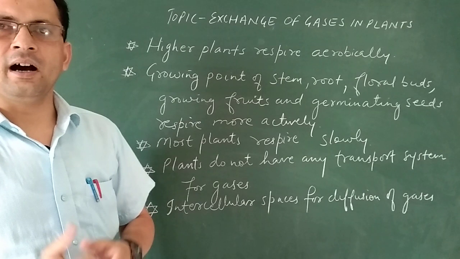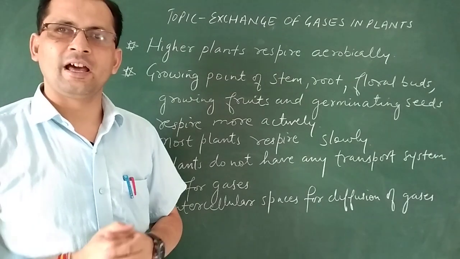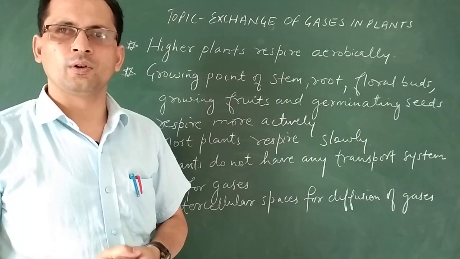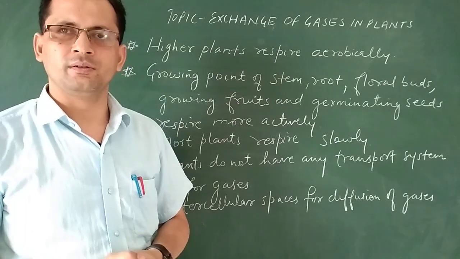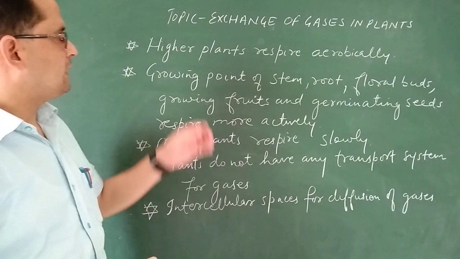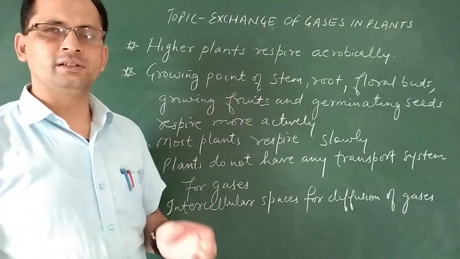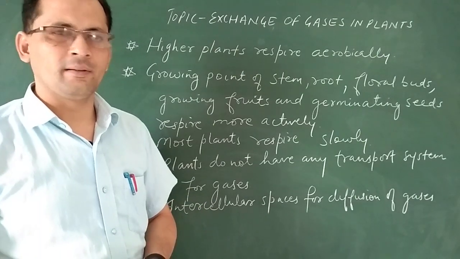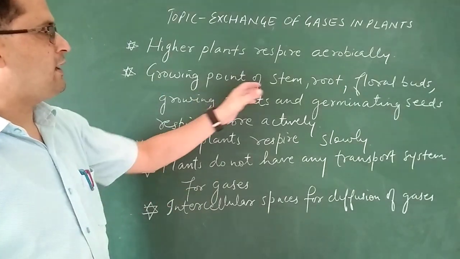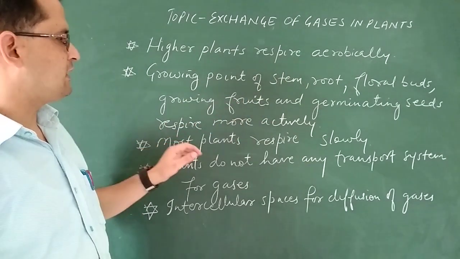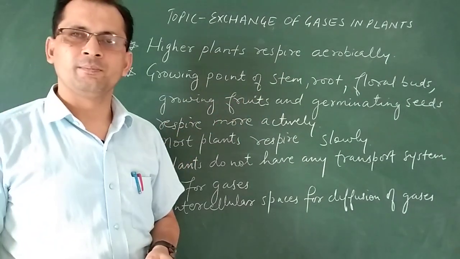Now let us see, the higher plants respire aerobically, which means they require oxygen for the process of respiration. Second, growing points of stem, root, floral buds, growing fruits and germinating seeds respire more actively.